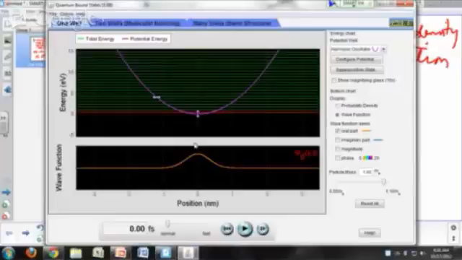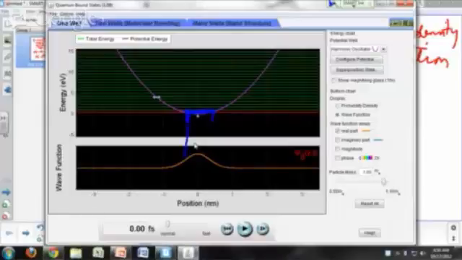For v equals 0, the classical turning points are right here, right? And so we're saying that classically, if the energy of the particle corresponds to what the energy is for v equals 0, then your particle will be oscillating between these two distances. These are your classical turning points right here, where all the energy is potential.